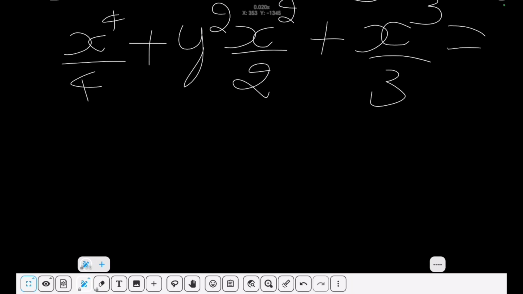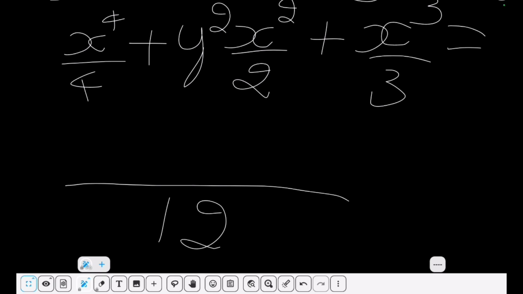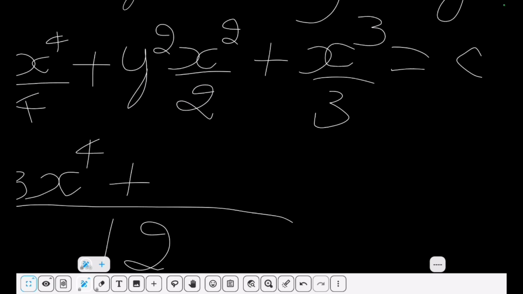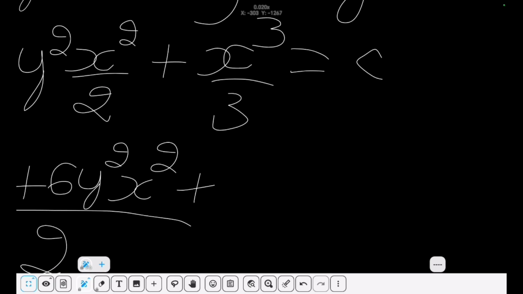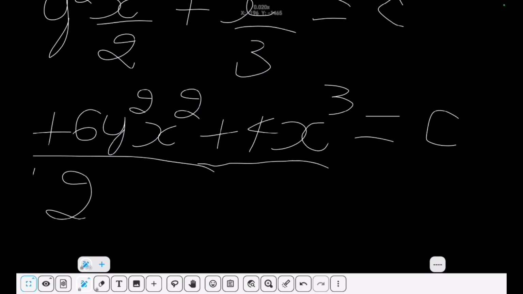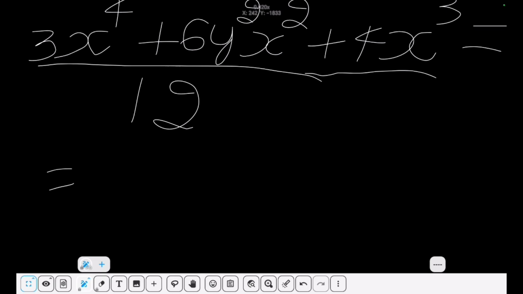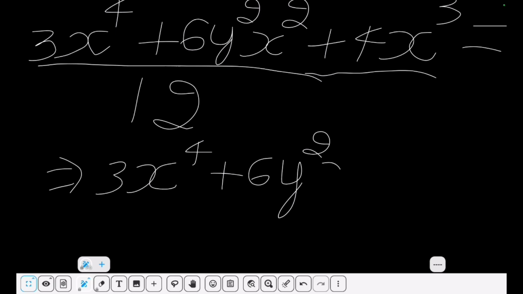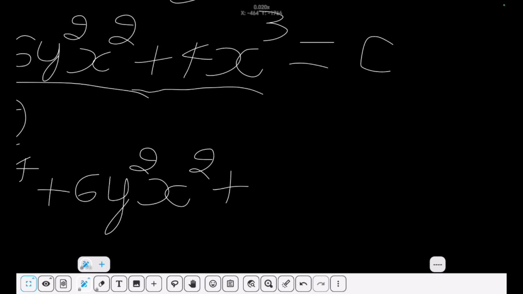So again if we take LCM here, the LCM would be 12, 4 3s are 12, so this will be 3x to the power 4 plus 6y square x square plus 4x cube, that equals c. So this will be 3x to the power 4 plus 6y square x square plus 4x cube, that equals 12c.